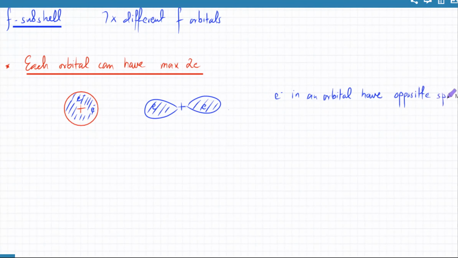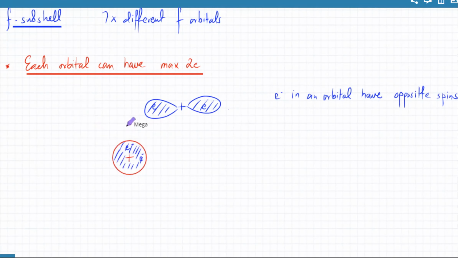Now, what does that mean? What is opposite spins? So if I take an s orbital, और उसके अंदर ना there are 2 electrons that are located in that s orbital, ठीक है?